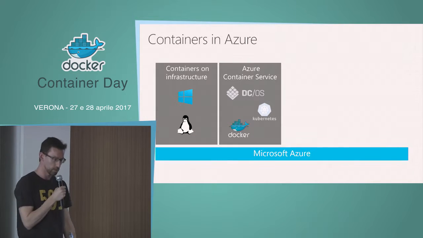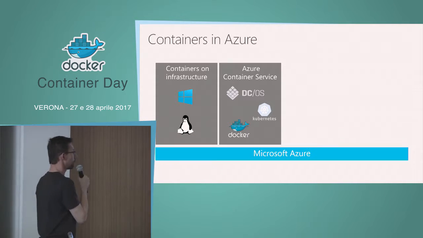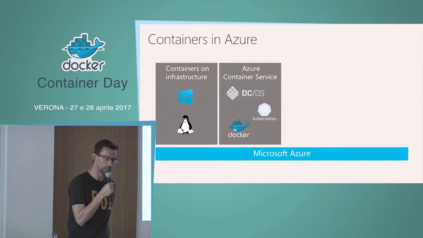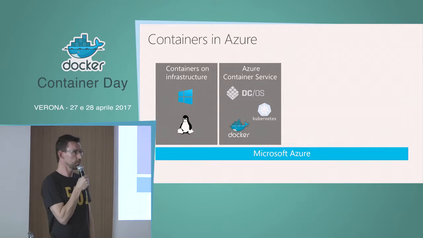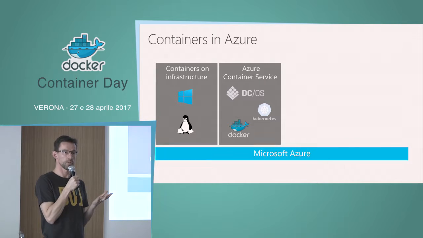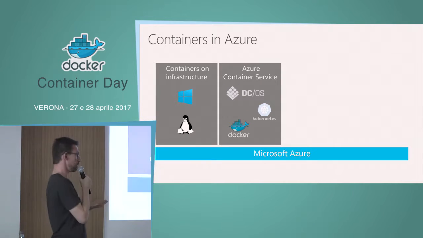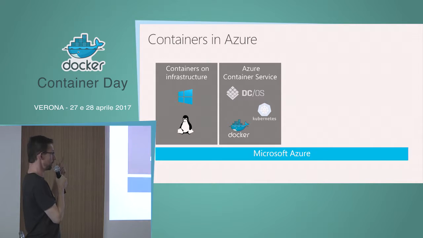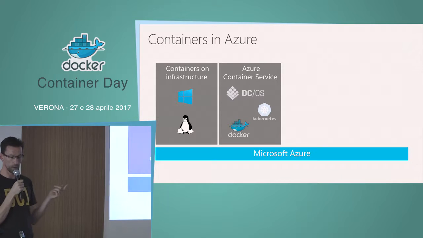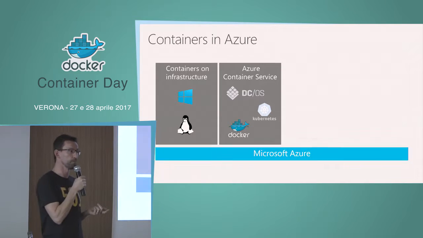So that's what we want to provide you with the Azure Container Service. It's basically a service that gives you a means to really quick start your orchestrations for containers, either using DCOS, so Apache Mesos, Kubernetes, or Docker Swarm.